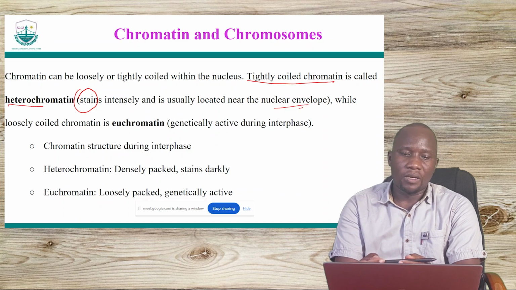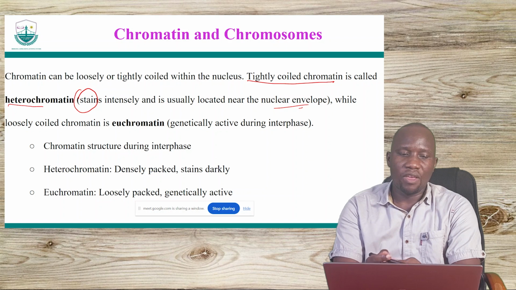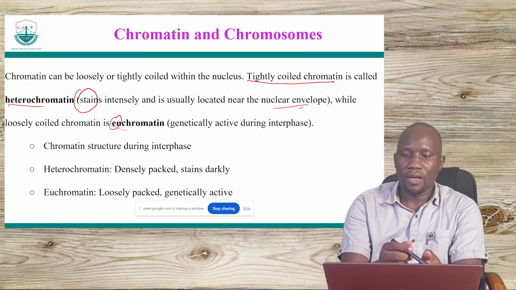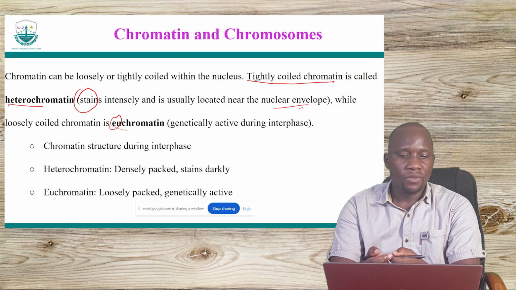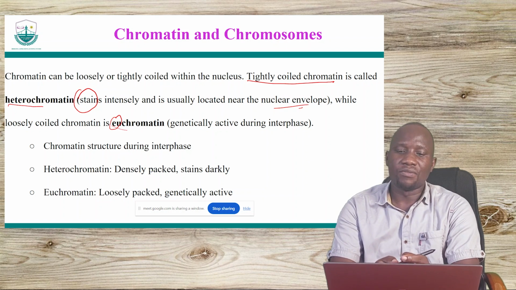When it is not tightly coiled, then we call it the euchromatin. That's the "eu" appearing there. This does not mean that it is genetically inactive.